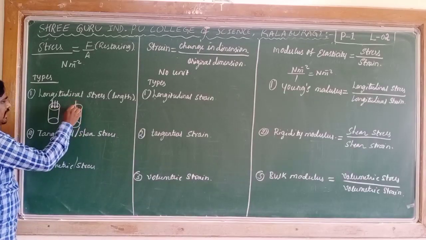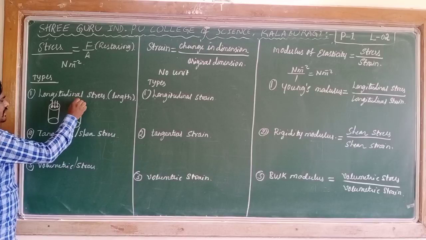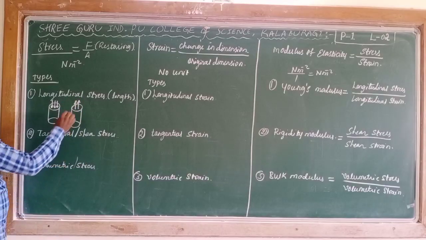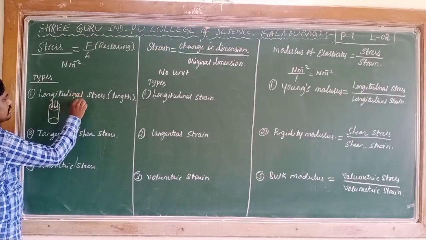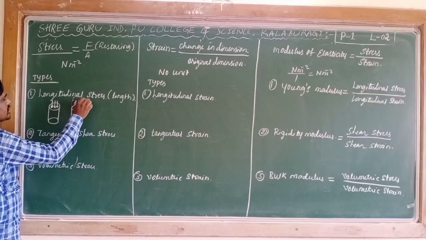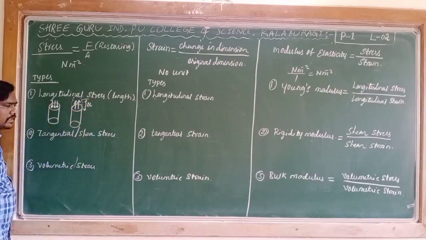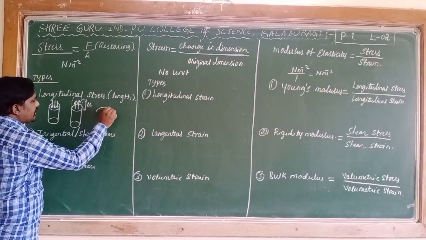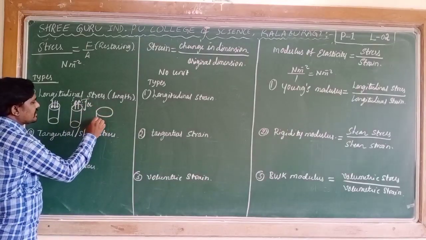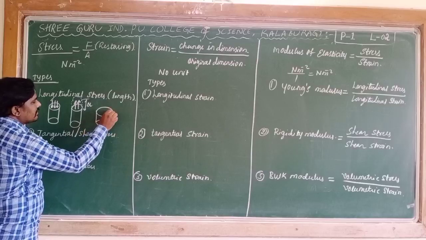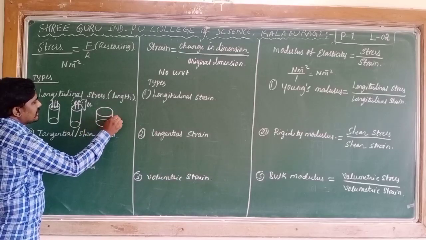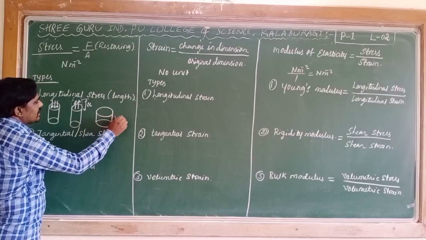Along the direction of applied force, the length is going to change. This much of length is going to change, that is delta L. Along the direction of applied force, the length is going to decrease. The decrease in length, that is L minus delta L.